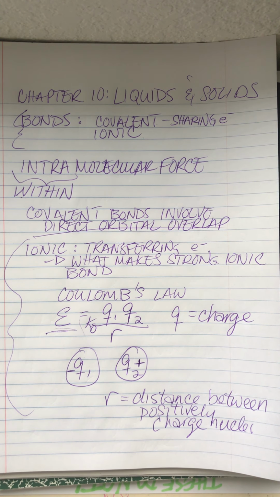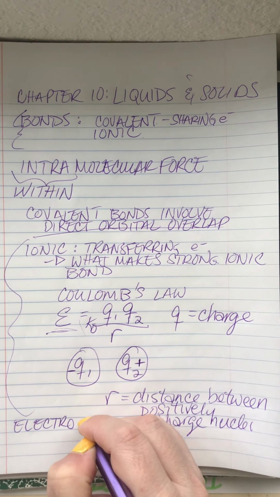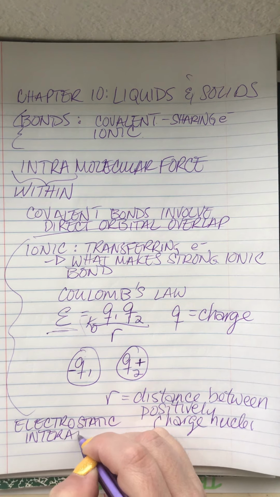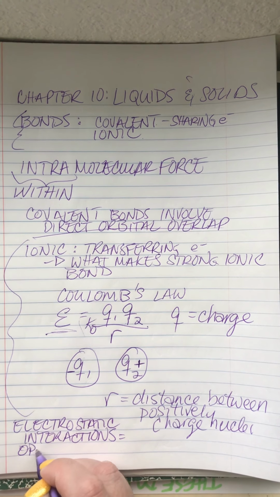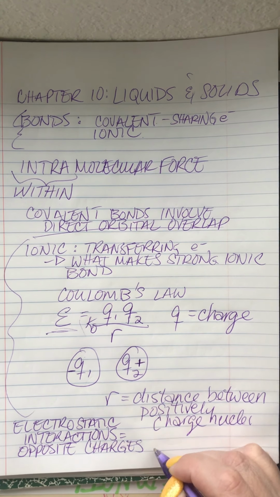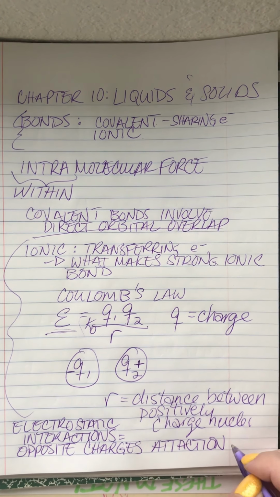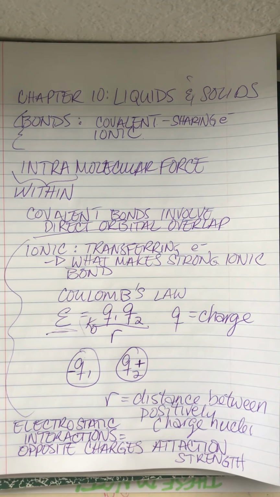But the main reason why I'm bringing this up is because this idea of ionic bonding is really all about electrostatic interactions, which is opposite charges attraction, specifically looking at the strength of that attraction, right?